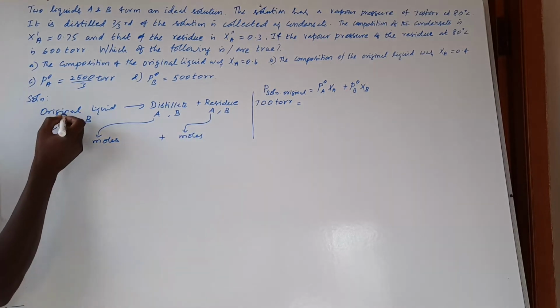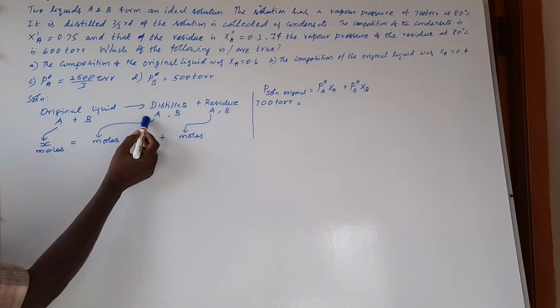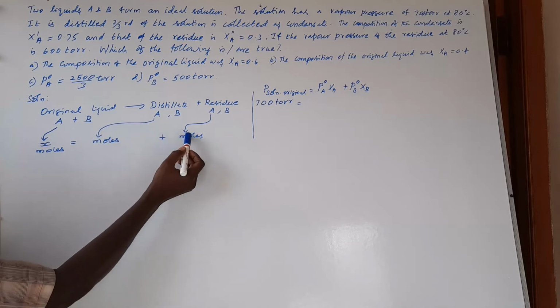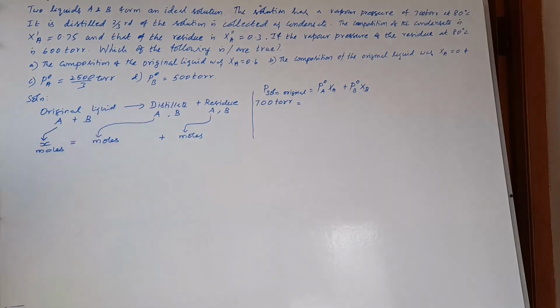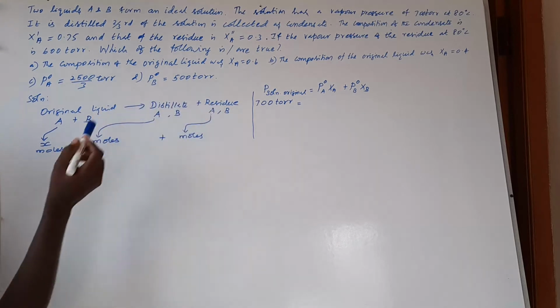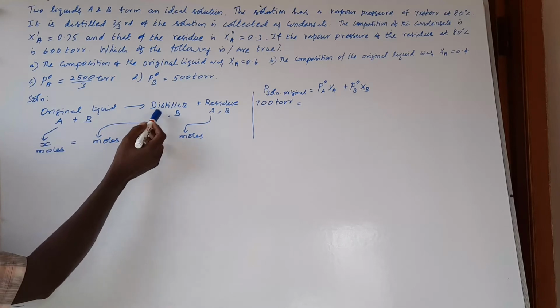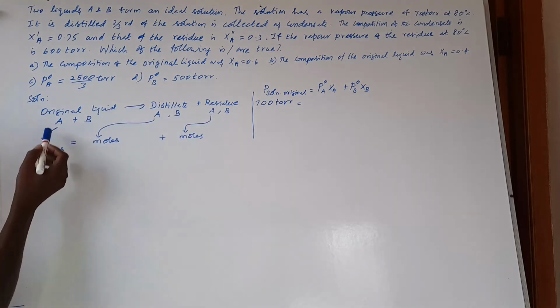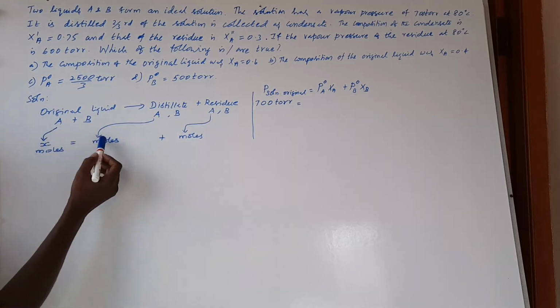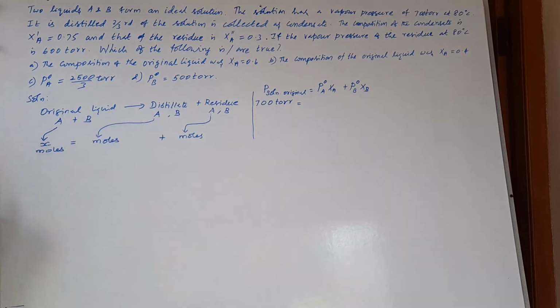That means number of moles of A in the original liquid is equal to number of moles of A in distillate plus number of moles of A in residue. Can we say this? Because this on distillation gives distillate and residue. How much A is here? Some amount is here and some amount is here. Therefore, number of moles of A here is equal to the sum of the moles of A in these two places.